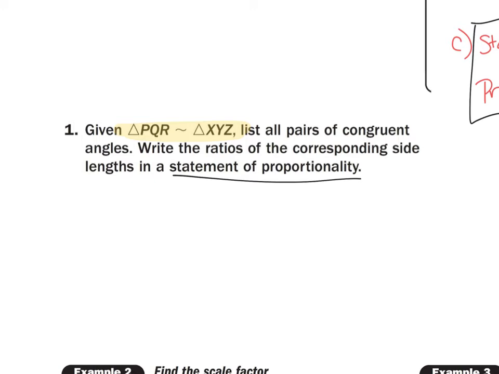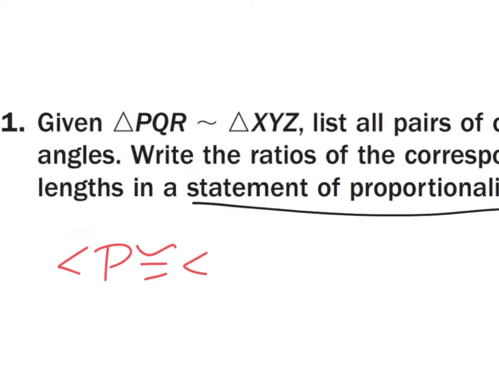So let's first list the congruent angles. So that would be angle P is congruent to angle what? Well, let me erase this really fast. And then I forgot to color code it because, you know me, we got to color code everything. So let's color code our angles.